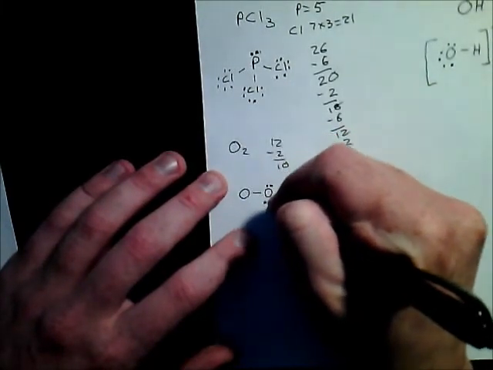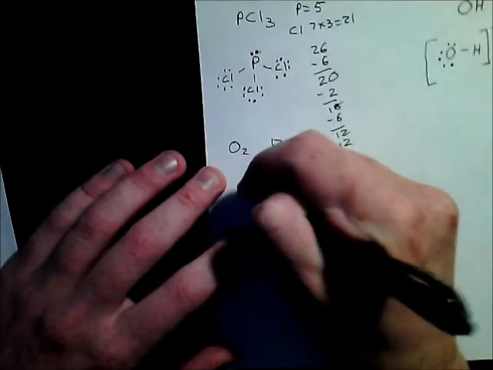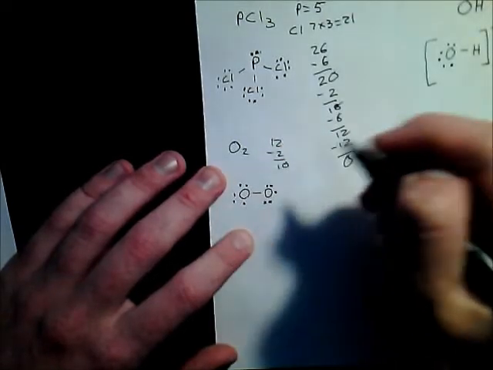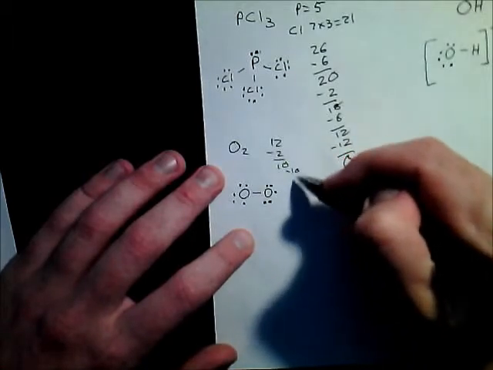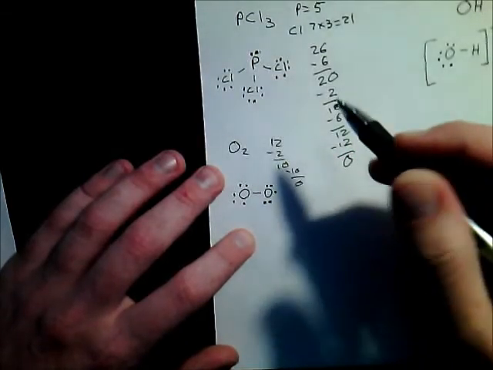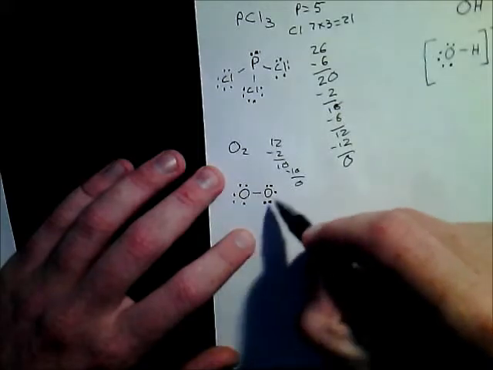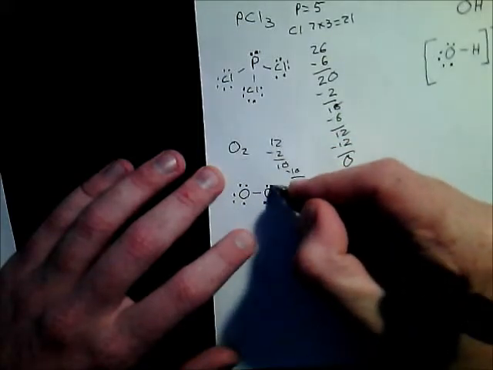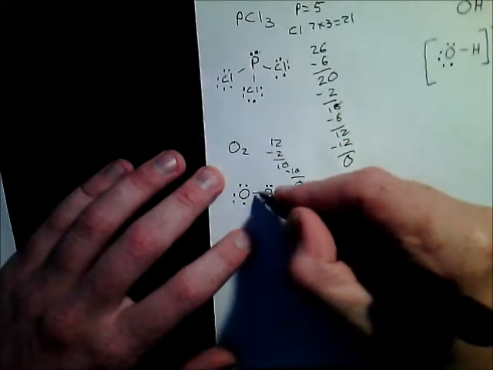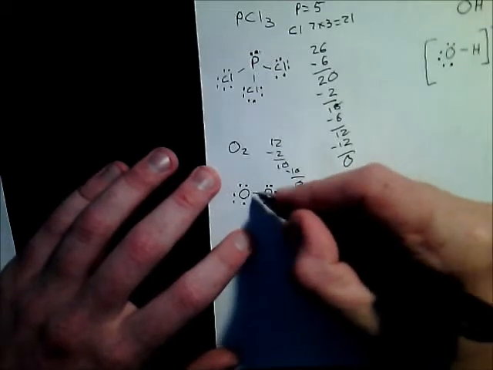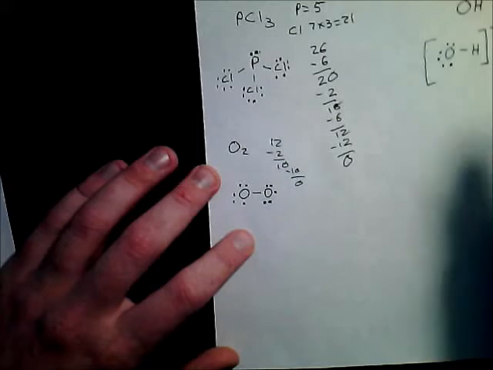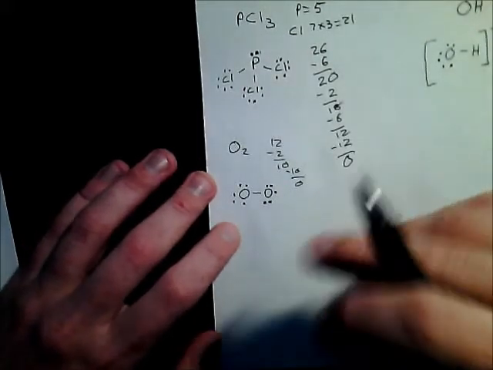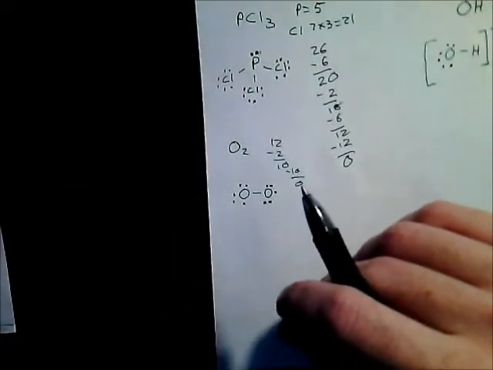Let's put 5 electrons on each. Except that doesn't work, because we've used all 12 electrons. We fulfilled 1 requirement of our Lewis structure, but 1, 2, 3, 4, 5, 6, 7. Each oxygen's keeping 5, sharing 2. That's only 7. So we're not meeting the second part of our Lewis structure, which is we're trying to get 8 electrons around everything.